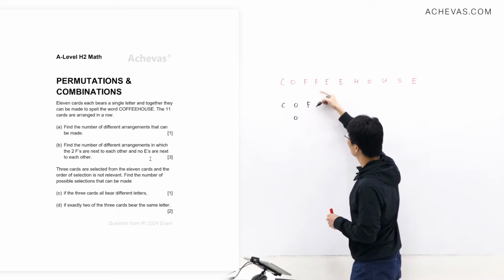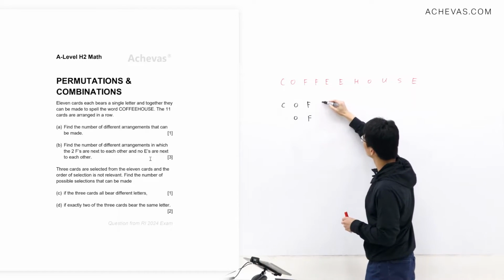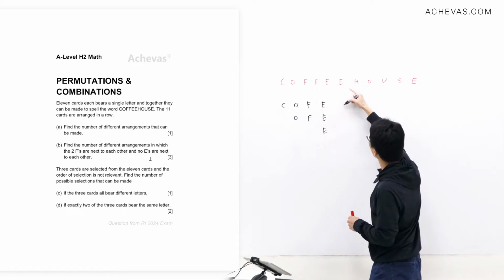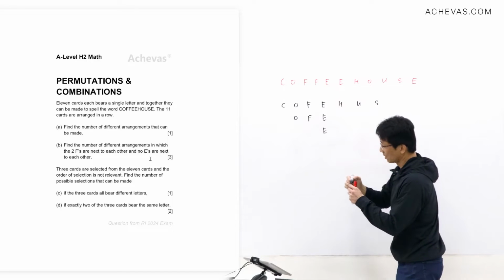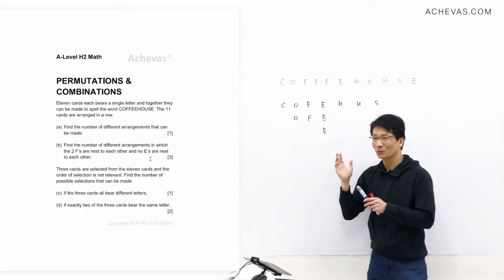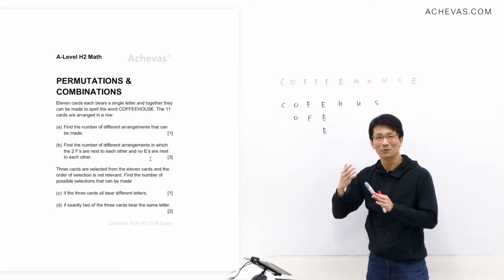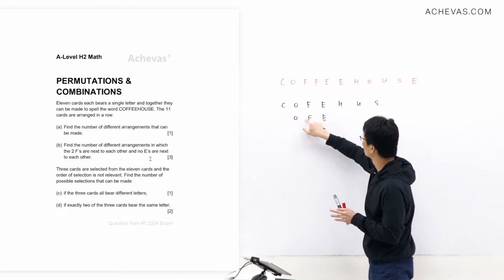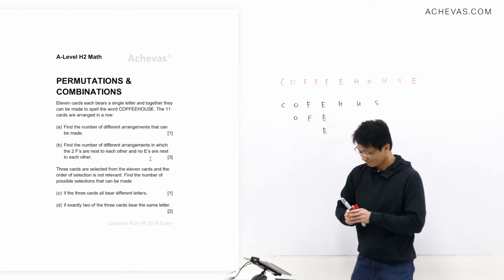F also repeated, so F, and there will be actually 3 E's, so it's E, E, E, H, U, S. By writing in this way, I wouldn't make the mistake of missing out some of the repeated letters. So I just want to confirm: 1, 2, 3, 4, 5, 6, 7, 8, 9, 10, 11. All right, that is correct.